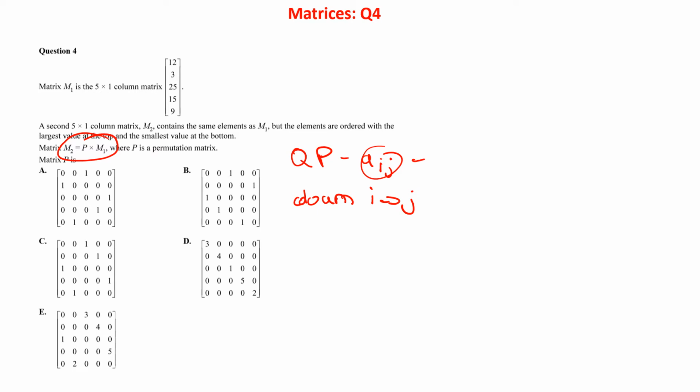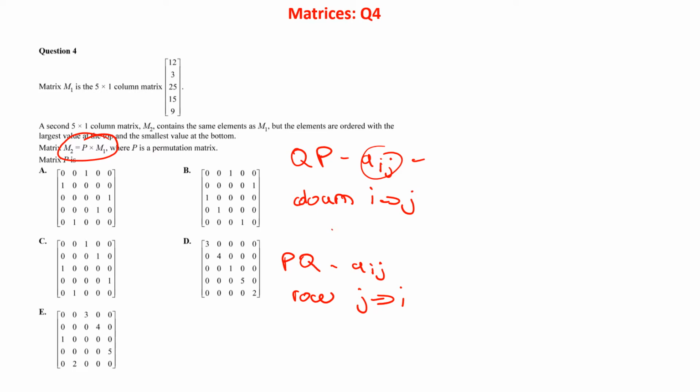A row permutation is written as PQ, and with the same formulation it means row J goes to row I. So with A13, column 3 goes to column 1.